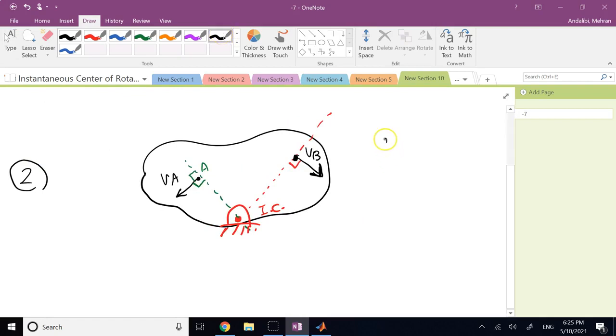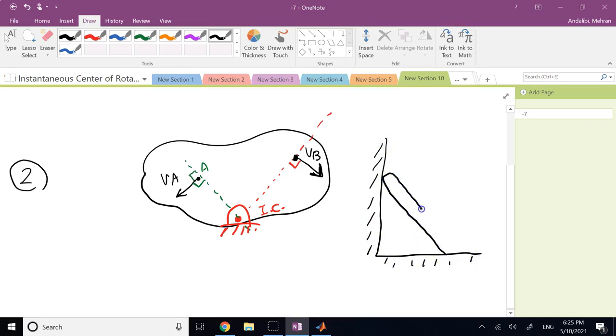Remember the wall problem I mentioned earlier? You have this wall, and you have some ladder or some object that is sliding on the wall because there is no friction. So if you remember, this point, the only option it has in order to keep the contact with the wall is to either go what? Up or down. That's the only way this point can move.